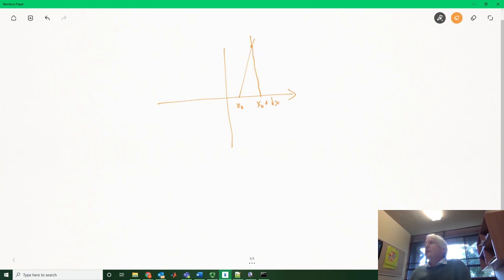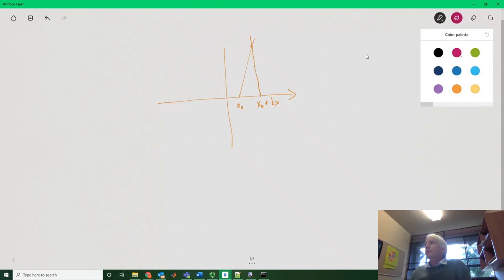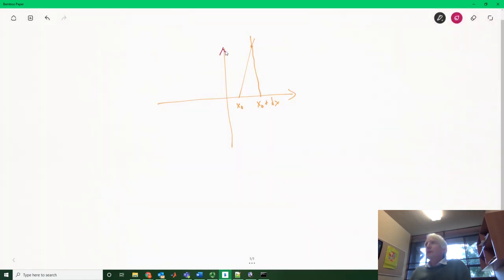So what are the equations of each of these curves? Remembering that this is the t-axis and this is the x-axis. Well, maybe I should do this one here first. It's going to be x0 plus the speed at x0, c of x0, times t.